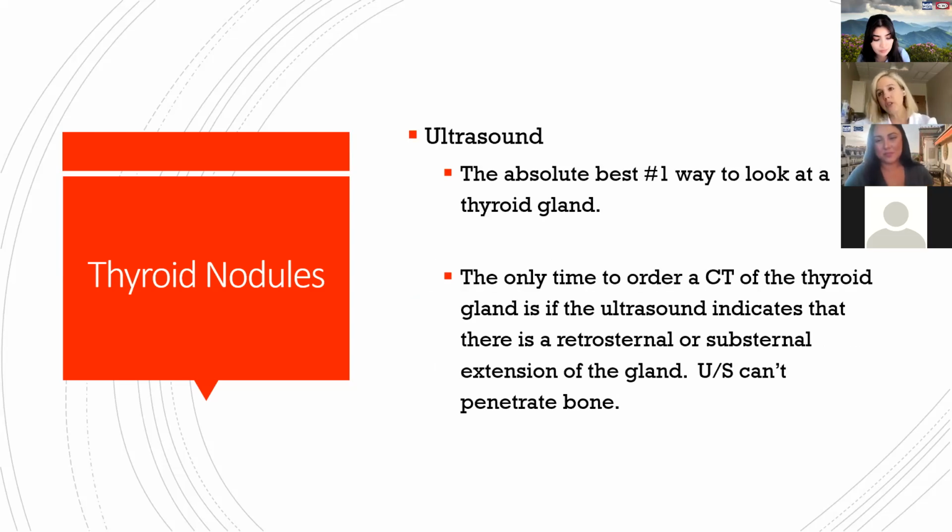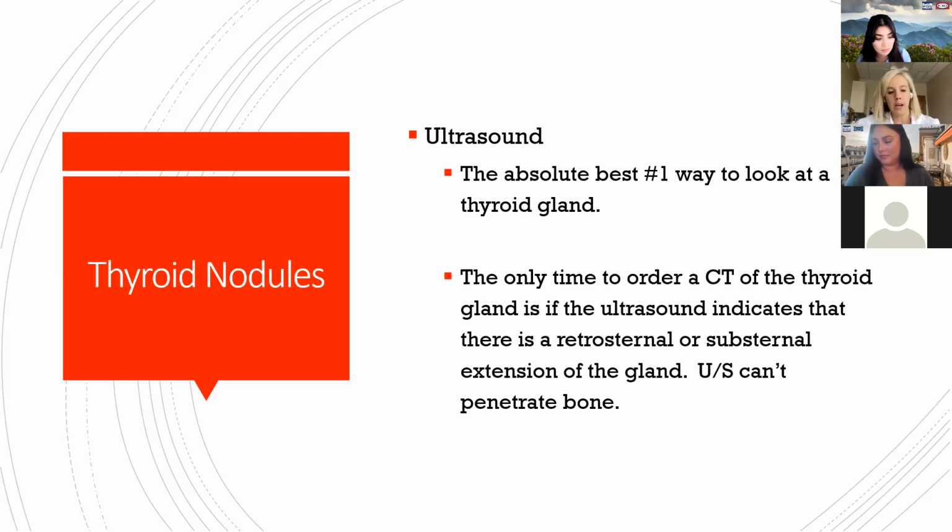All right, so ultrasound is absolutely the best way to look at the thyroid gland. Oftentimes your patients might go into the ER and get a CT for some other reason, and they incidentally note that there's a nodule there. The best way to look at those nodules is an ultrasound, so you still want to get the ultrasound just to better characterize them.